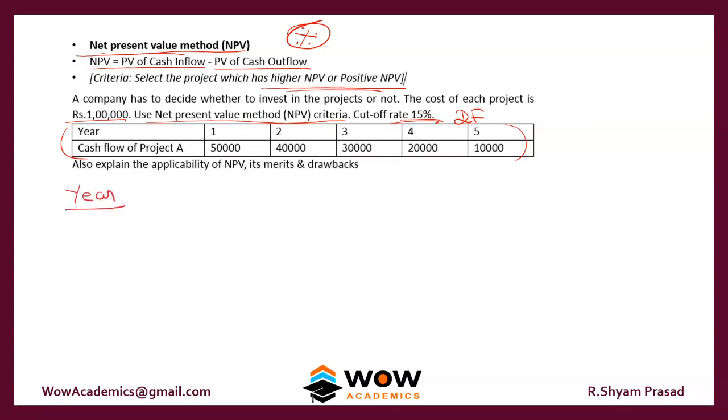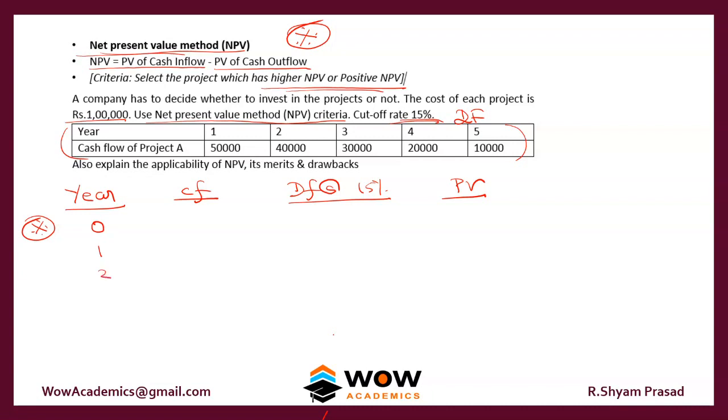So here cash flow, discount factor at 15% and present value. So here the important thing is always consider the first year, the 0th year. Okay, 0th year is the first number that has to come.